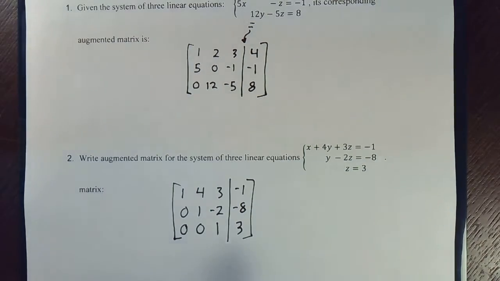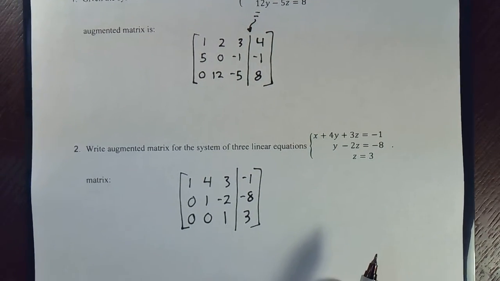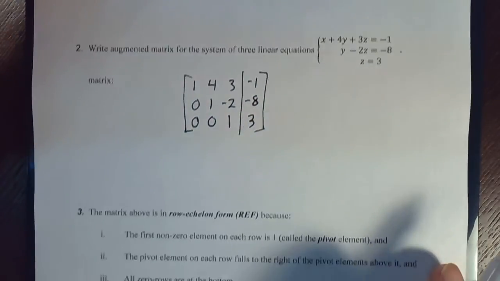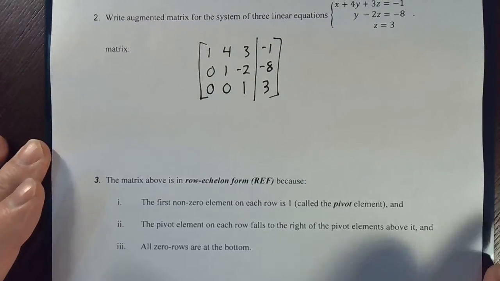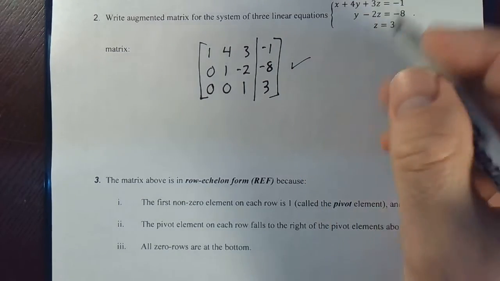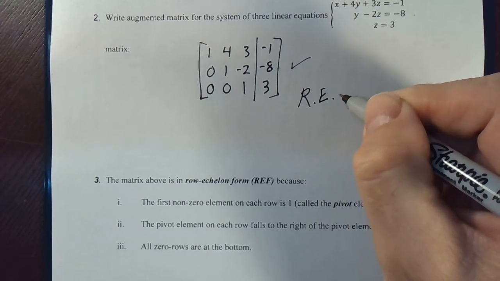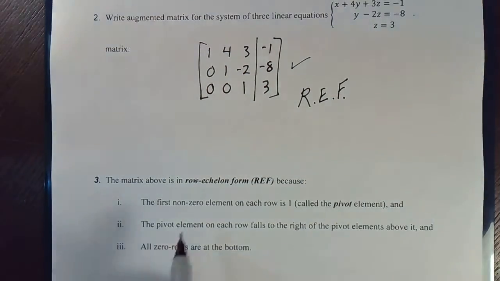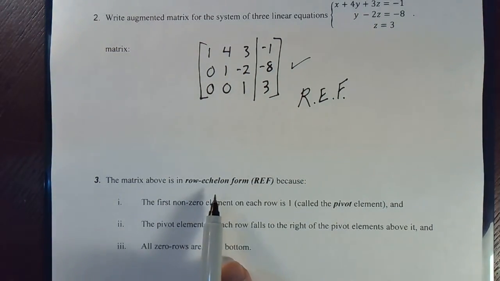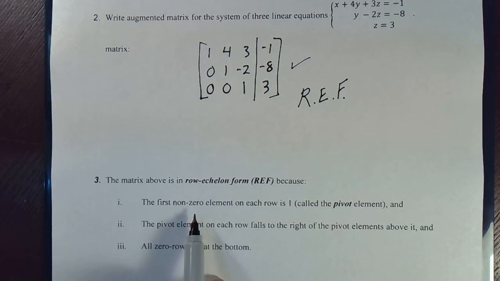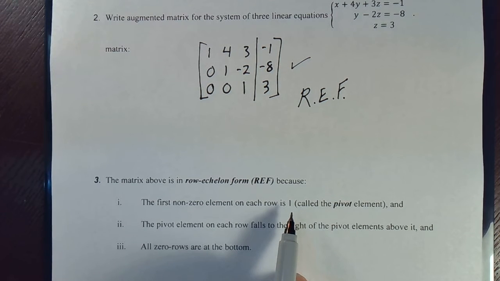Now, this is just another matrix in exactly the same format as this one. The numbers are a little bit different. As you can see, this matrix right here is called in row echelon form, REF. And the reason it's in row echelon form is because the first non-zero element in each row is a 1, and it's called the pivot element.